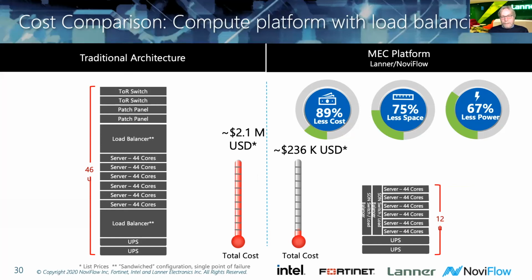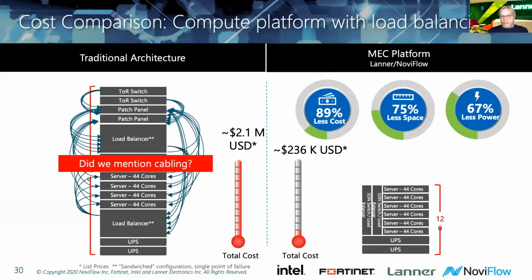And then don't forget, typically when you do a deployment on a traditional architecture, just the SFP, QSFP28, all the different network interfaces, the fibering and the cabling, it's not a small portion of the deployment cost.